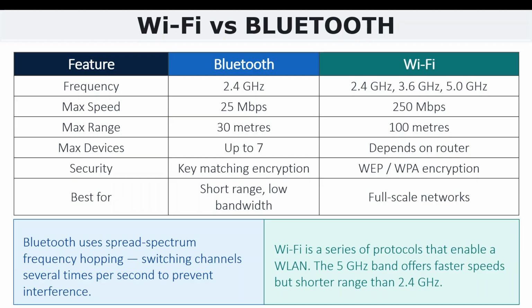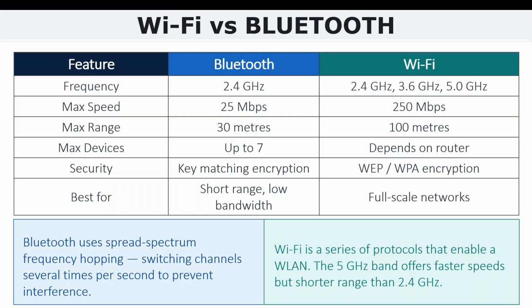In terms of security, both methods have some encryption. For Bluetooth, you need to pair both devices in order for the two devices to communicate. Whilst with Wi-Fi, you make use of WPA or WEP encryption, where you have to key in the Wi-Fi security key in order to communicate with that particular Wi-Fi.